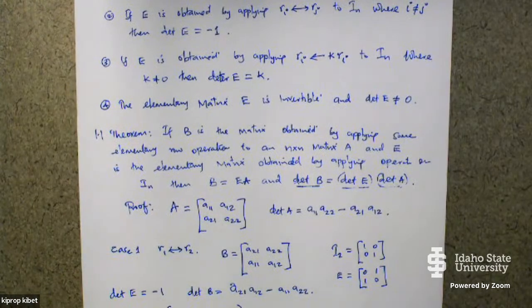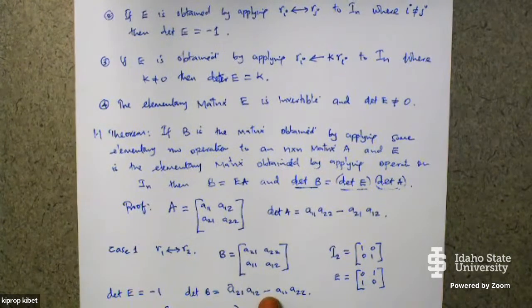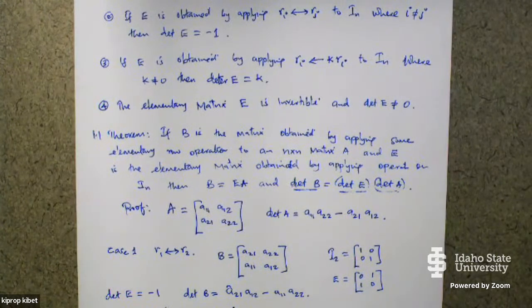Right? So you can bring this negative outside. So it's the same as A11, A22 minus A21, A12.